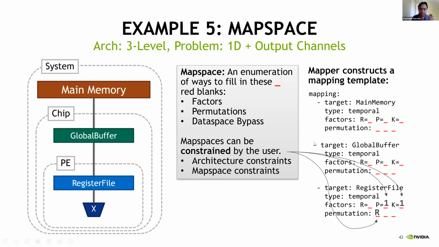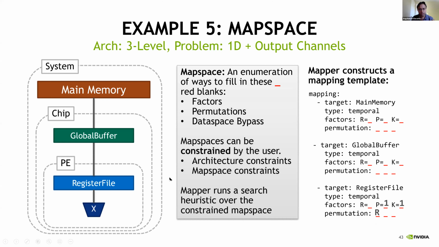Okay, you need to do that carefully, because you want to avoid skipping optimal mappings by providing a constraint that actually excludes the optimal mapping. It needs experience and intuition, but you can do that. Okay, so given this constrained map space, the mapper runs a heuristic search over that map space, and we'll get a little bit deeper into that.